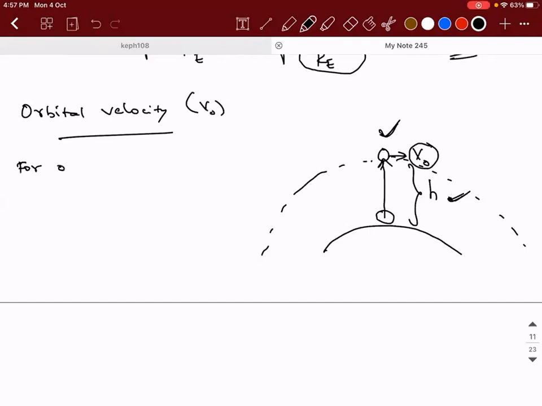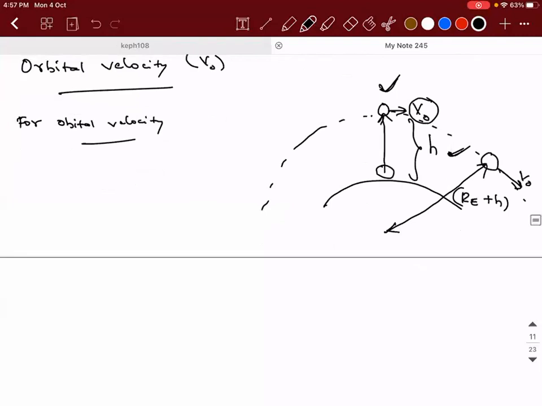So what I can say is, for orbital velocity, if this is the center of the Earth, what is this distance going to be, guys? R_E plus h. Correct. So at this point also, it is going to have an orbital speed. Let me call it v naught. So can I say that centripetal force is provided by the gravitational force?